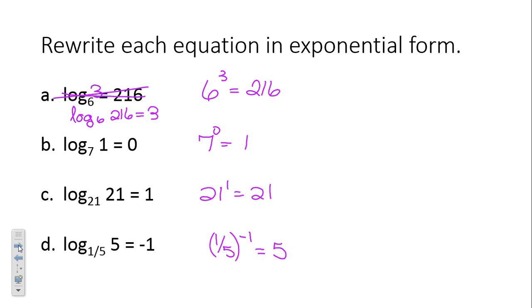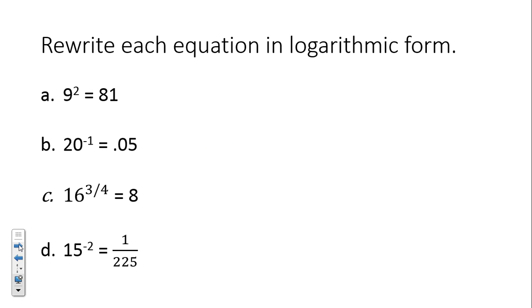All right. Now we have to be able to go the other way. Now we've got our good old exponents that we're familiar with and comfortable and confident with, and we have to take them back to logarithmic form. So Sydney, what's this one going to say? Yep, log base 9, because that's our base.